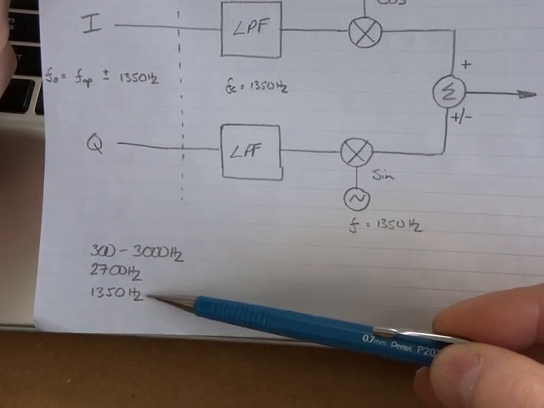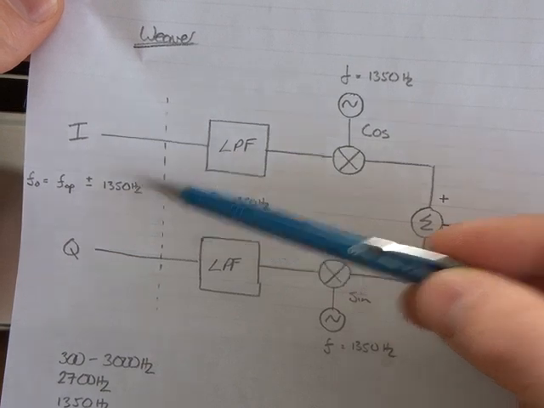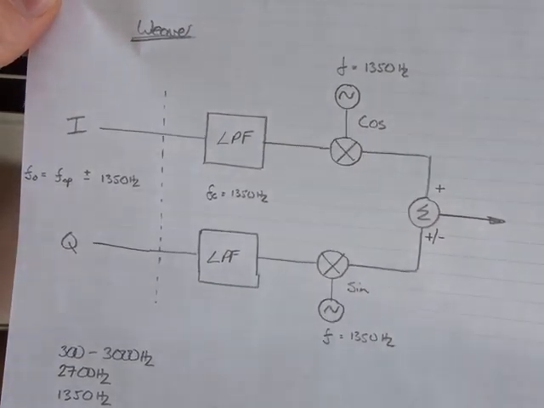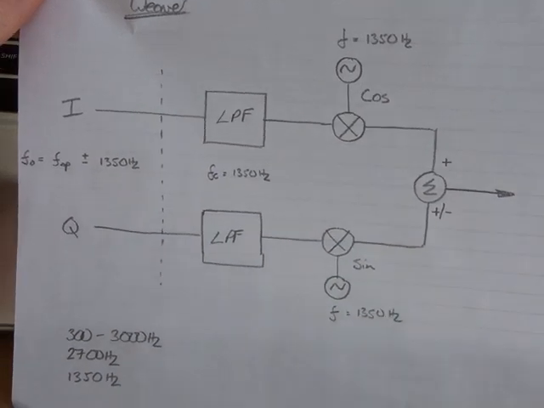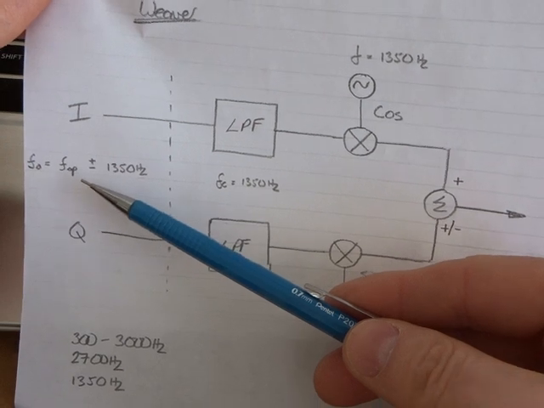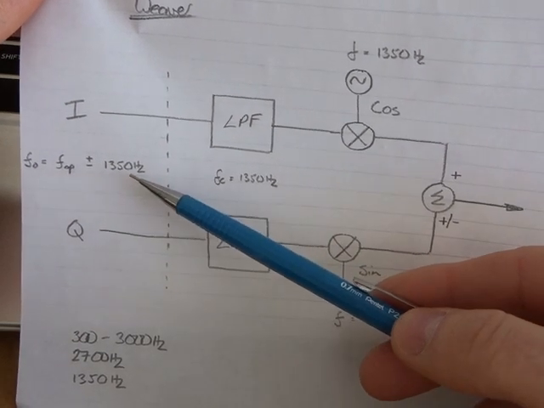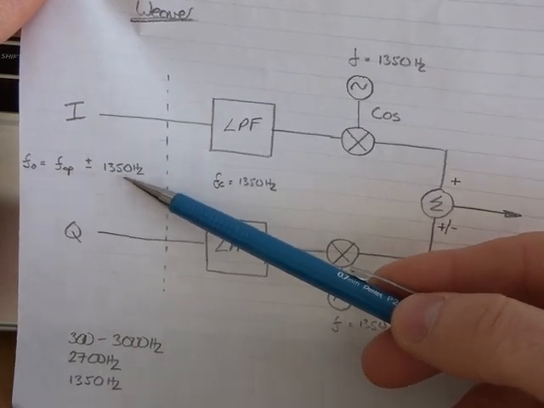Divide that by 2 is 1350. So in this particular case, we're going to recover the lower sideband, so we need to have subtraction. So as you'll see in the code in a sec, we set up the SI5351 to be our frequency of operation minus 1350 Hertz, which is quite interesting.